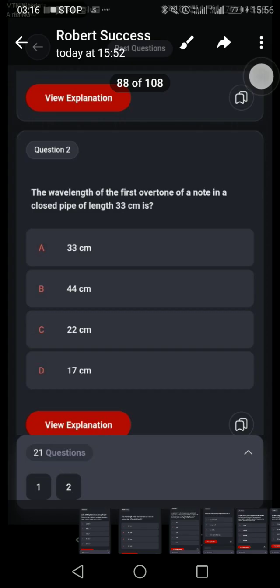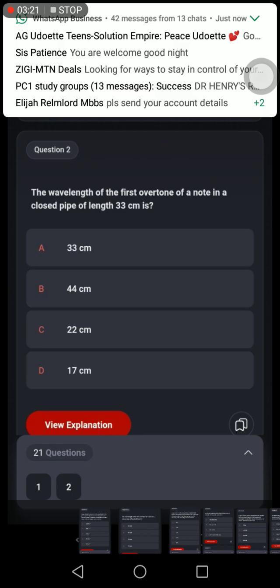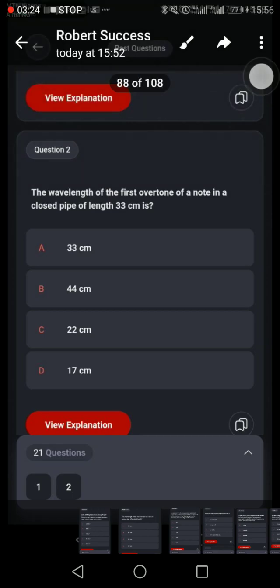The second overtone is 5 times the fundamental frequency, and so on. So it's odd number multiples. They're asking for the first overtone. They give you the length of the pipe, 33 centimeters. They're not even asking for the frequency. They're asking for the wavelength of the first overtone.